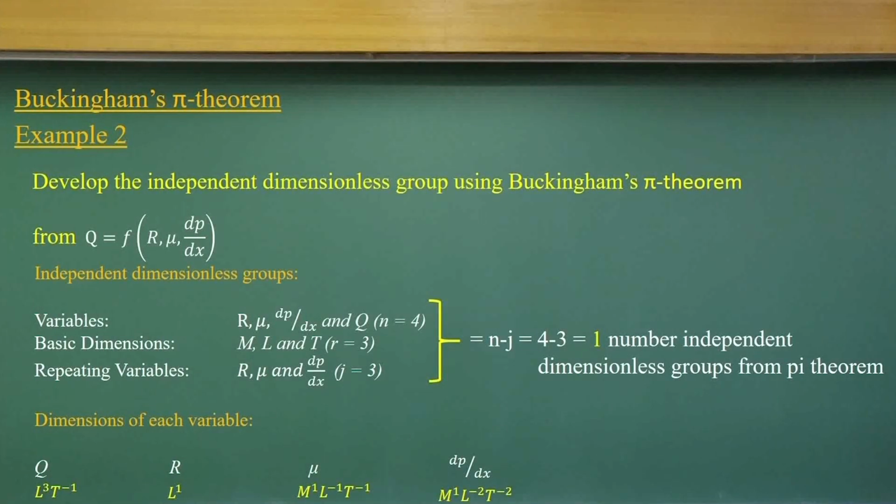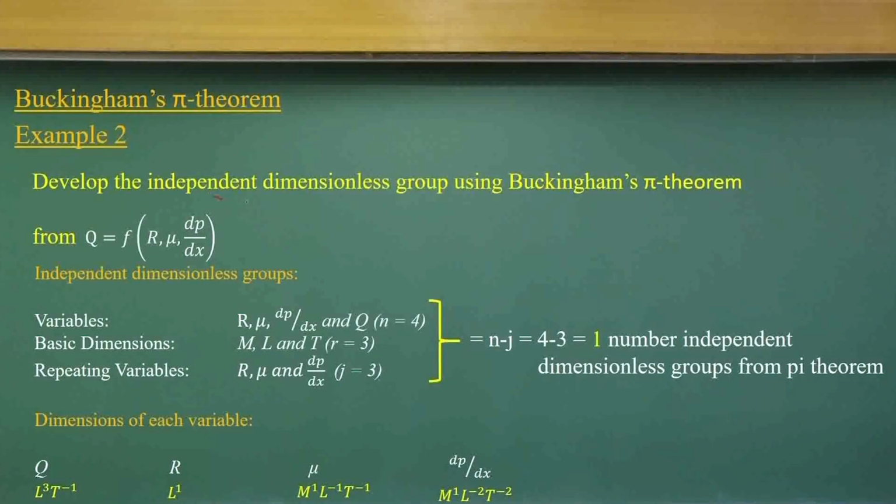Before that, let's have two or three examples which are very easy. I will not repeat much. Let's find an independent dimensionless group, where Q is a volumetric discharge, which is a function of the radius R, dynamic viscosity mu, and the pressure gradient.